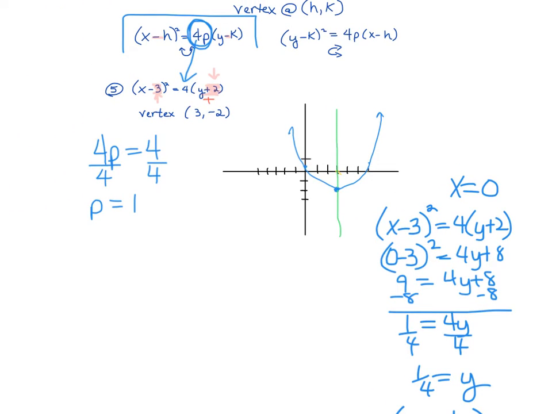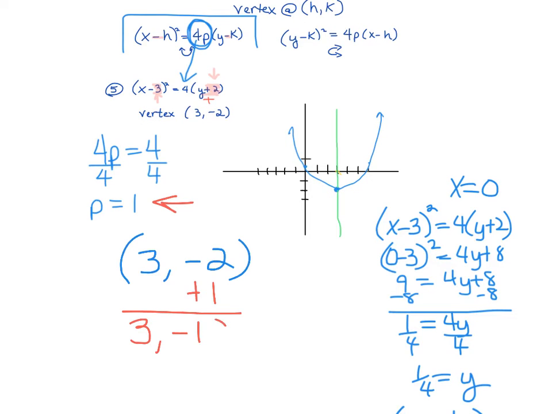And now I can find the focus point and the directrix. So again, we're using the vertex, and our vertex is going to be 3, -2. Know that the focus point is 1 unit, because p equals 1, away from this, 1 unit up. So I'm going to alter my y, so I'm going to add 1 to the y, because I'm moving it up. So 3, -1 is my focus point. So right here.